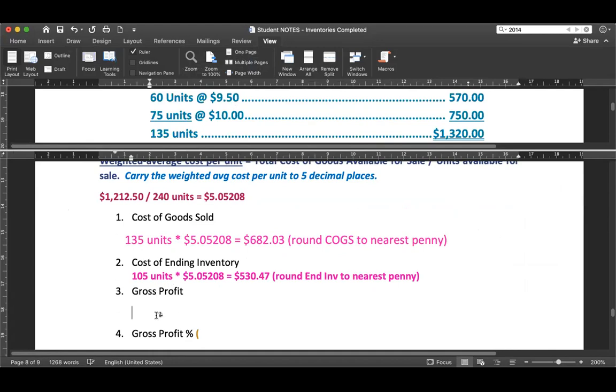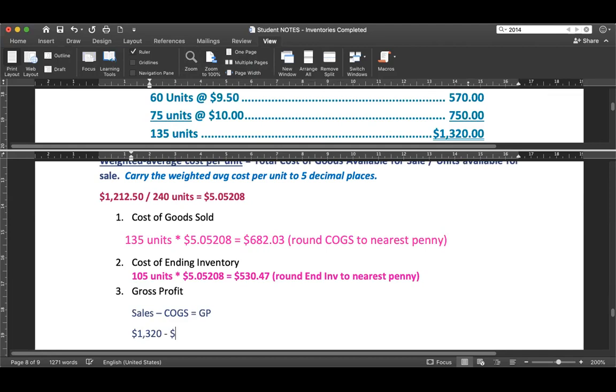Our gross profit is going to be equal to sales minus the cost of goods sold. That means we had sales of 1,320 minus the cost of goods sold, and we're using the weighted average method.